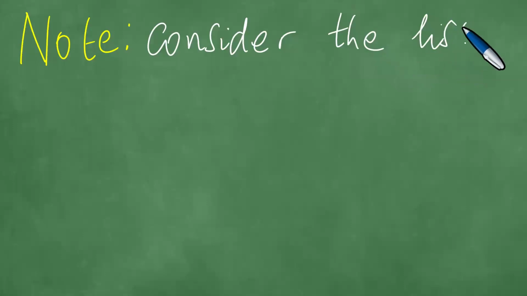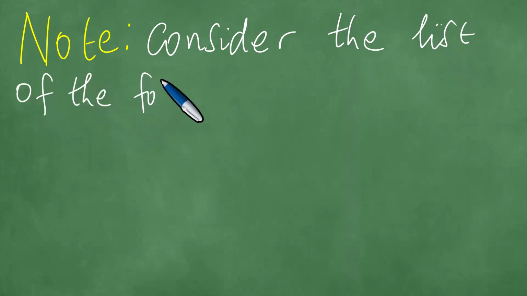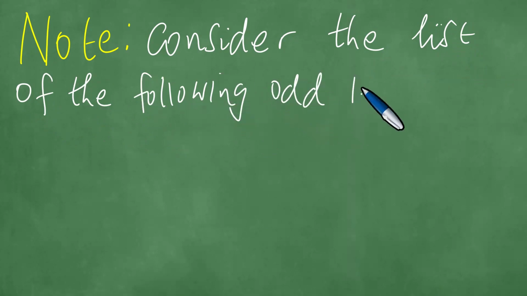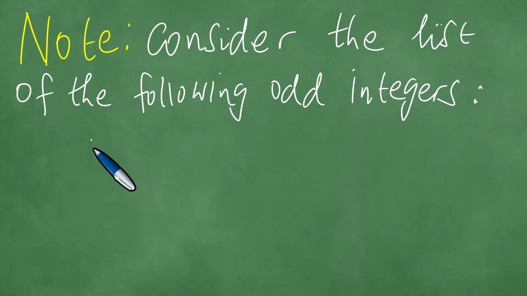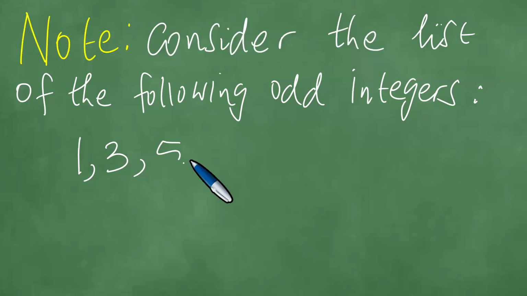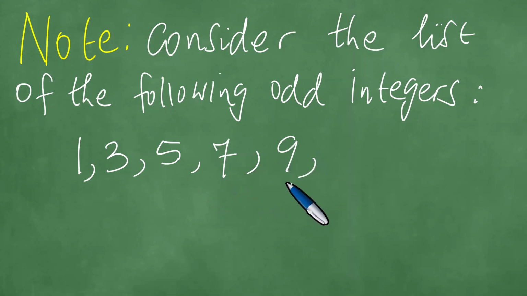We can list these: the odd integer 1, the odd integer 3, the odd integer 5, the odd integer 7, the odd integer 9, the odd integer 11, the odd integer 13, and so on.